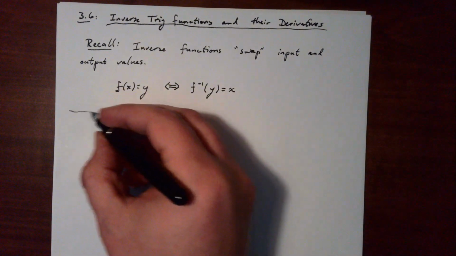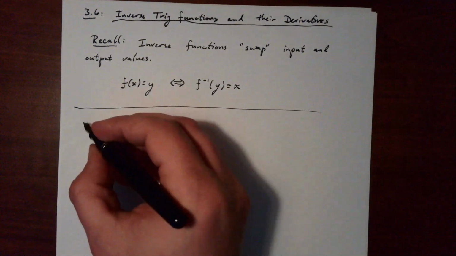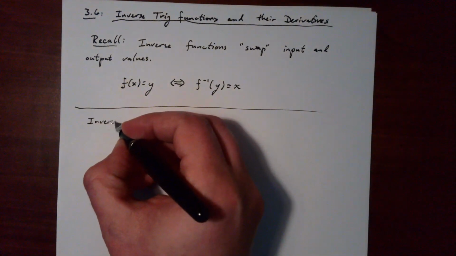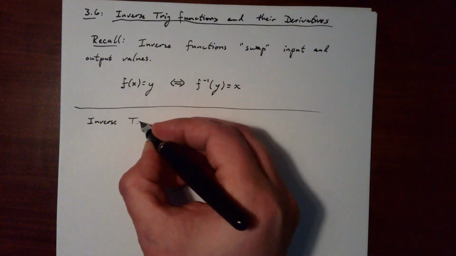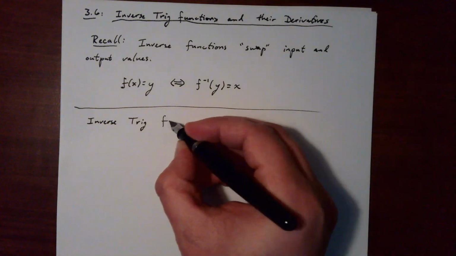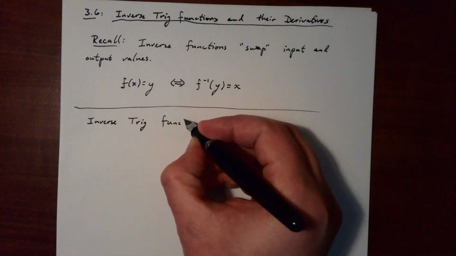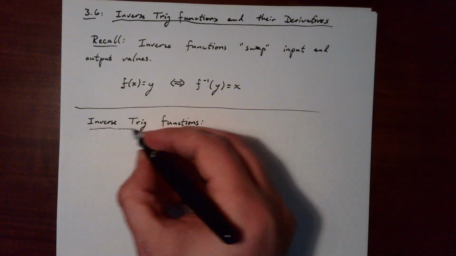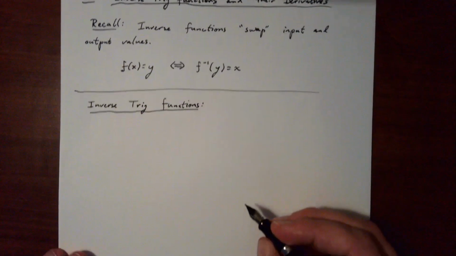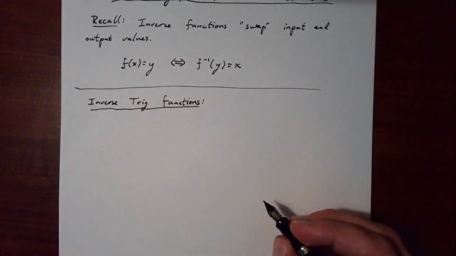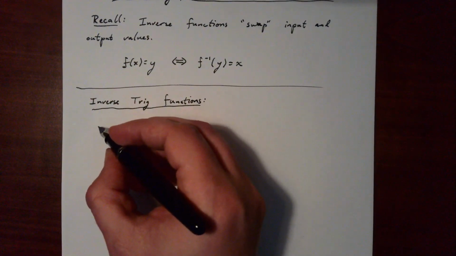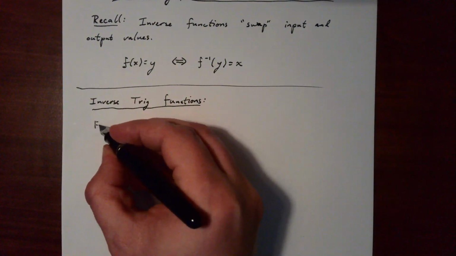Now let's look at what the inverse trig functions are. So specifically, we're going to look at the three main ones, which are sine, cosine, and tangent inverse. So let's just look at what their deal is.